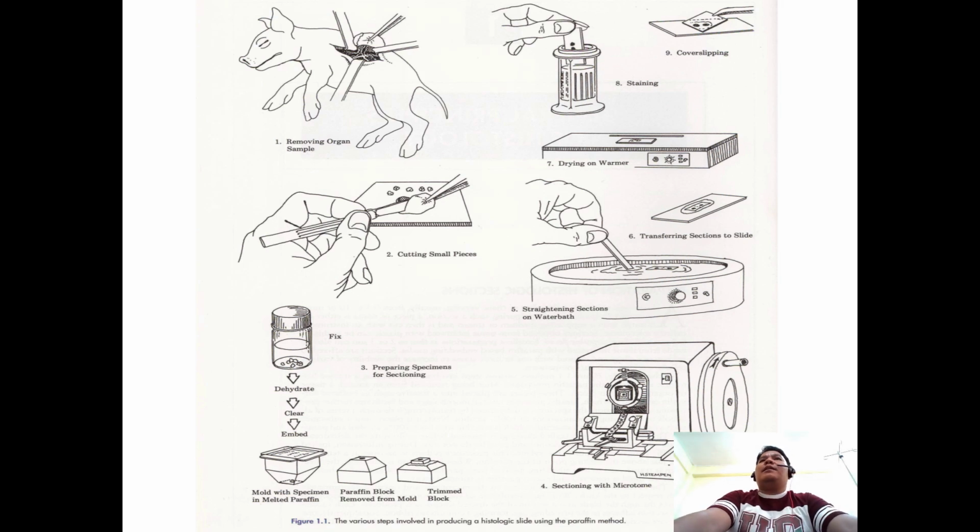This procedure is done in an oven at a temperature just above the melting point of the paraffin. When infiltration is complete, the specimen is transferred to an embedding mold of fresh paraffin, which is allowed to harden. Then the mold is removed and the excess paraffin is trimmed away.